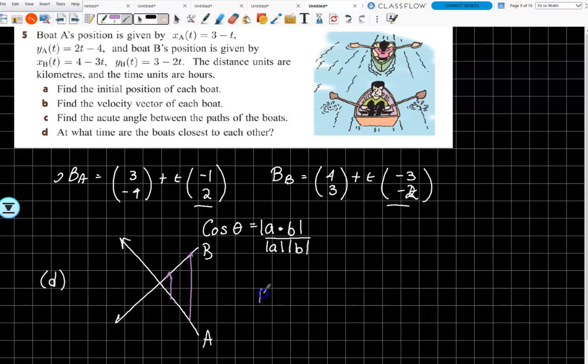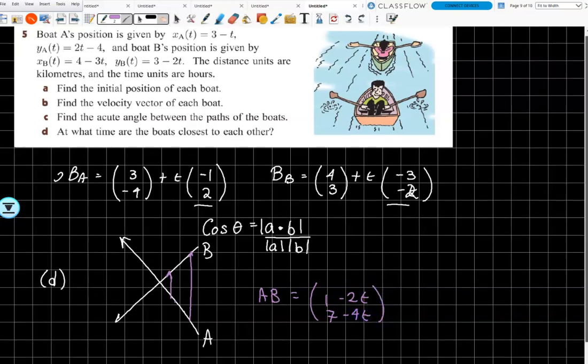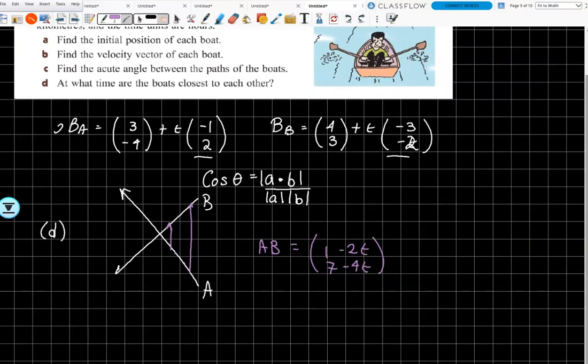So if I find AB, that's going to be A to B, so 4 take 3 is 1, minus 3 take 1 is minus 2t, and 3 take the 7... minus 2 take 2 is minus 4t. Have to say that carefully, not 40, 4t, correct? So if I now find the modulus of this, what's that representing?